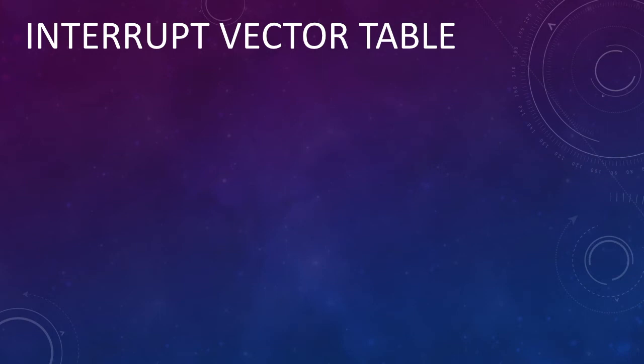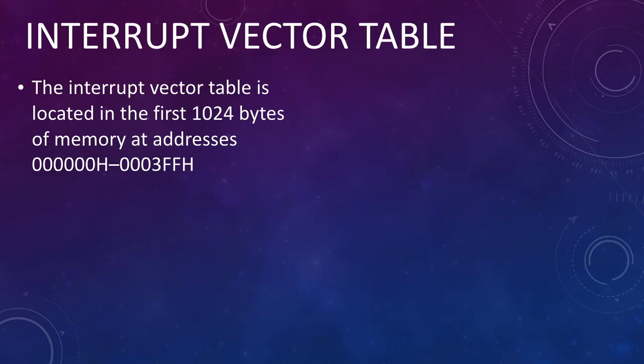Now, how is the vector location decided for interrupts? Whenever any vectored interrupt comes, the microprocessor has to jump to some service subroutine. What is the location of that subroutine, and how is it decided? Basically it is decided by an interrupt vector table. It is an address pointer table which is used to link the interrupt type number to the location of the subroutine.